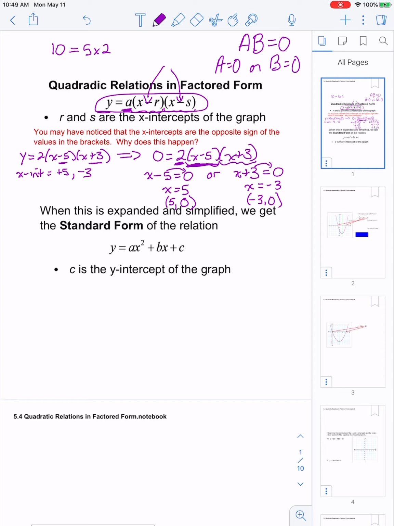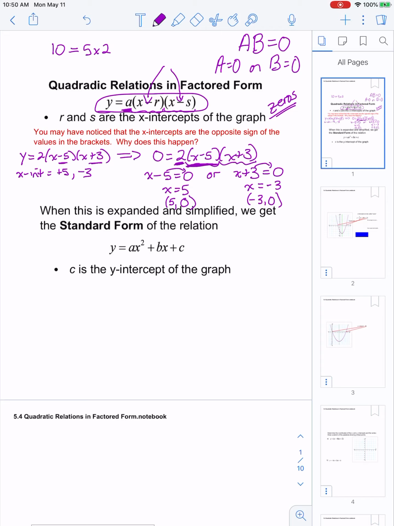The x-intercepts are also called the zeros, and the reason is because we let y equal 0 to find them. They are when the function or the relation equals 0, and that's what those two values are called.